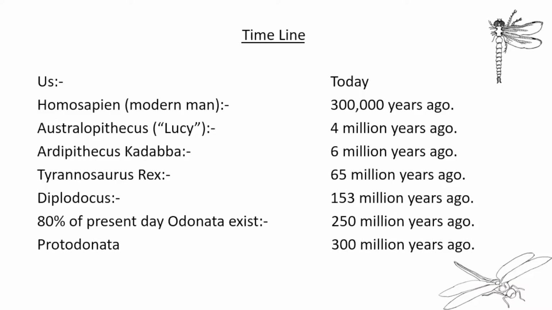The Troodonta, roughly 300 million years. These were believed to be the predecessor of the Odonata series. Slightly larger, they had slightly different characteristics, and one of those we'll mention later.